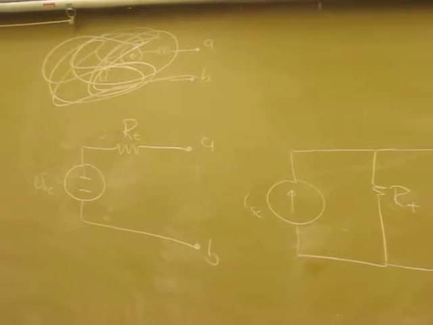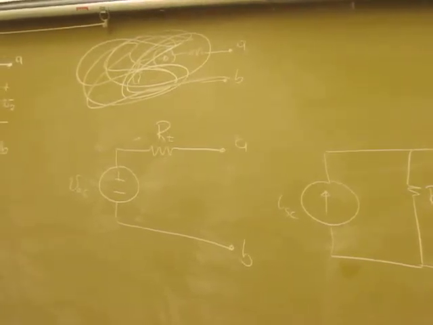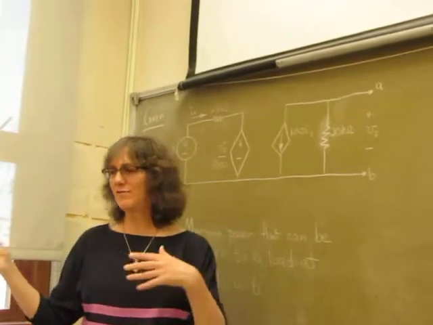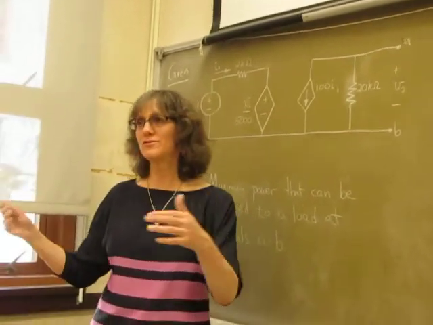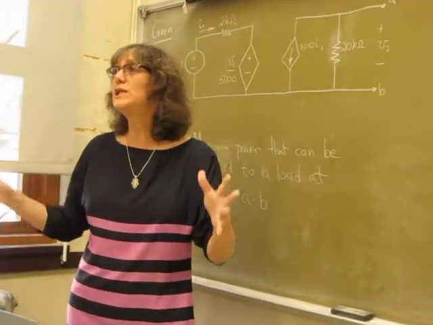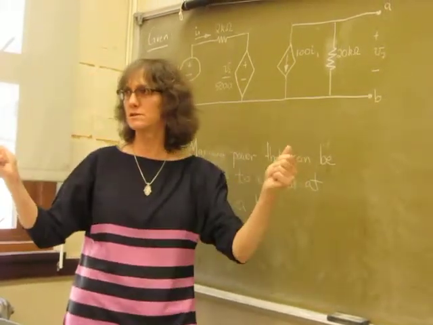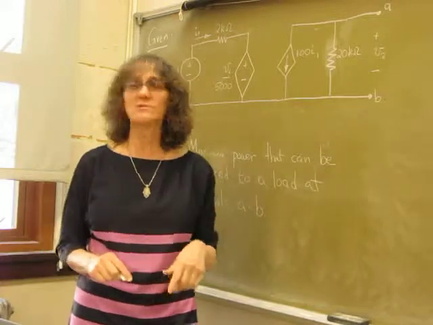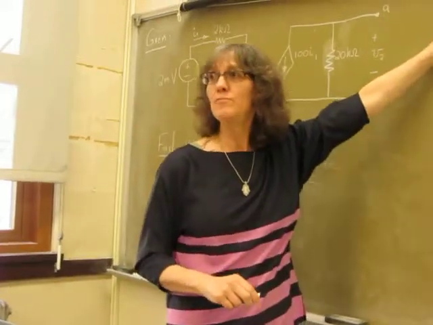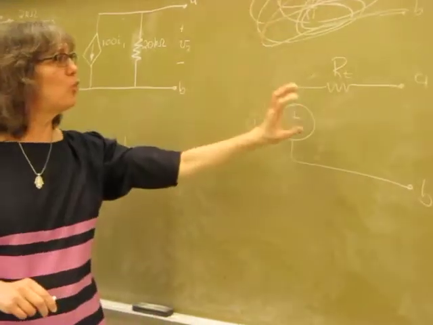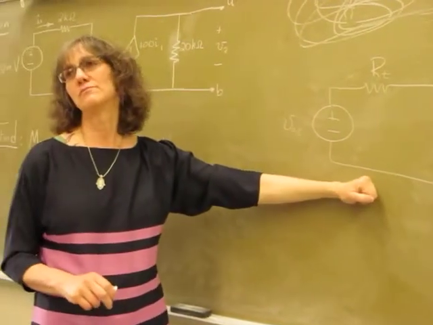Any complicated circuit with resistors in parallel, series, you could have dependent sources, independent current sources. It could be really complicated. And you look at it and you think, oh my God, I don't want to deal with this. Here's what Thevenin says. Thevenin says you don't have to deal with this because this complicated network is equivalent to this.